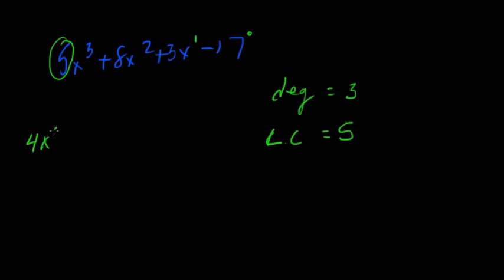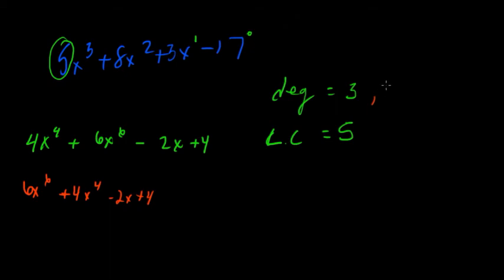Let's take 4x to the 4th power plus 6x to the 6th minus 2x plus 4. This is not in standard form because 6 is larger than 4, but it comes after it. So in order to identify the leading coefficient and the degree, let's rearrange this in standard form. It'll be 6x to the 6th plus 4x to the 4th minus 2x plus 4. Now that this is in standard form, in descending order from larger powers to smaller powers, we can identify our leading coefficient.